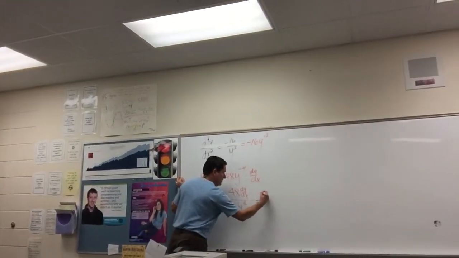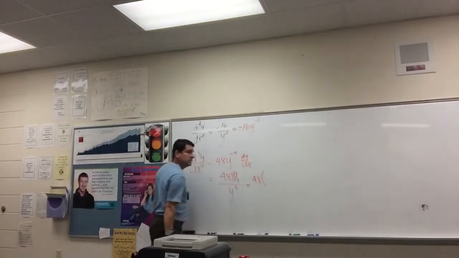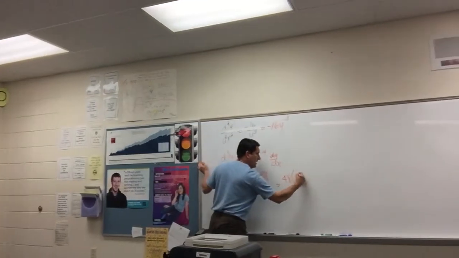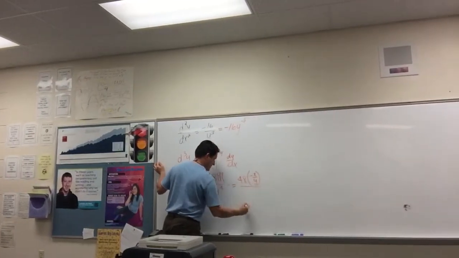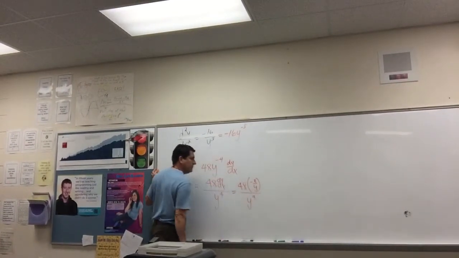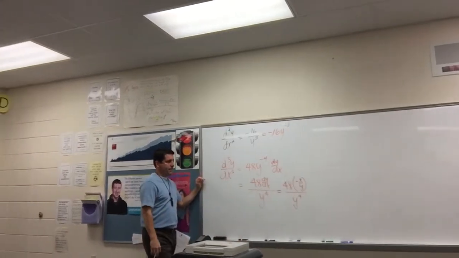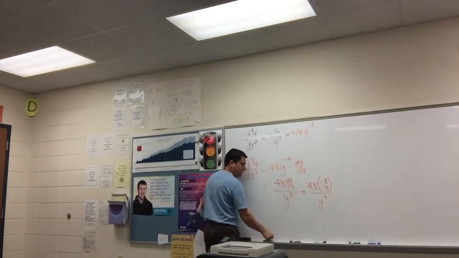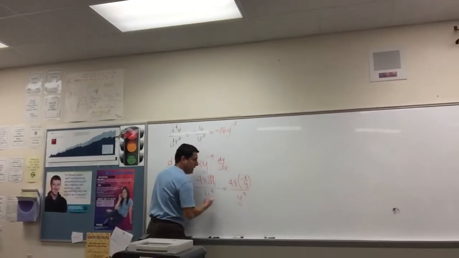So this is equal to 48 times, what do we got for our first derivative? Negative x over y, over y to the 4th. And then multiply by what? I'd multiply by y as well.